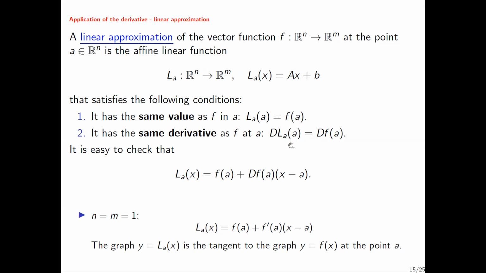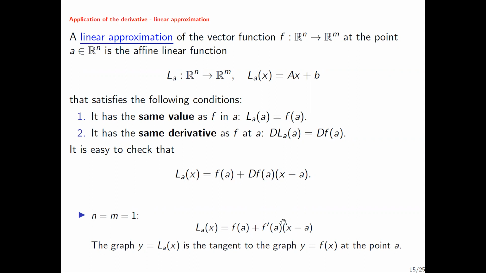And we also like that the derivative, so the Jacobian matrix of the linear approximation, coincides with the Jacobian matrix of f in this point. And it's a matter of easy calculation that the appropriate linear approximation is exactly as given here. So LA of x is f of a, this is some vector, plus the Jacobian matrix of f calculated in a, times the difference between x and a.